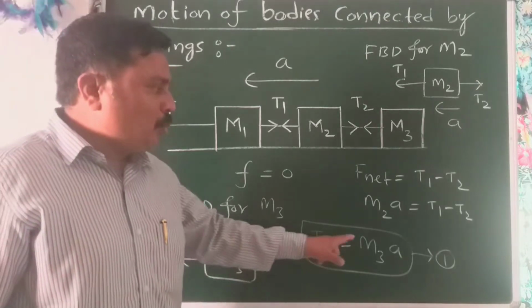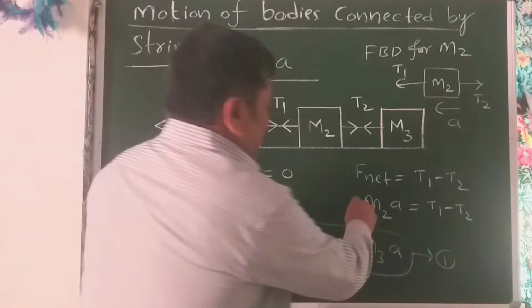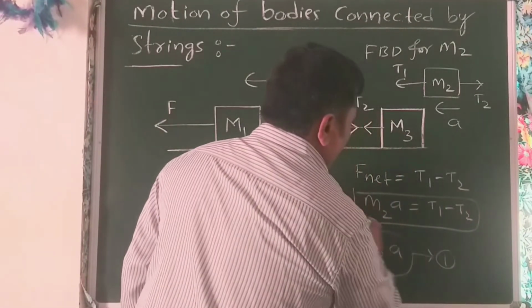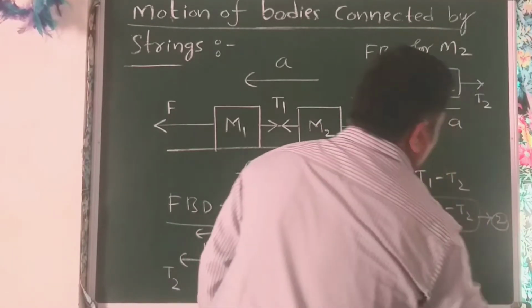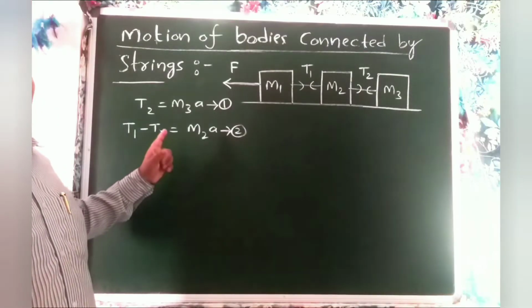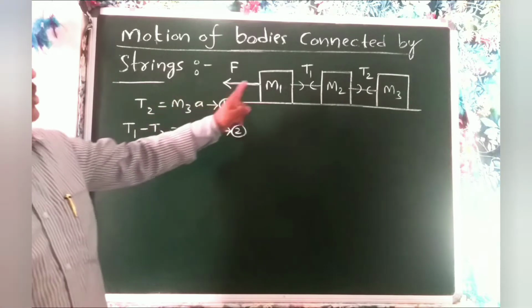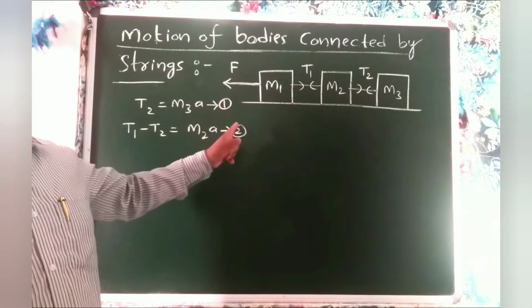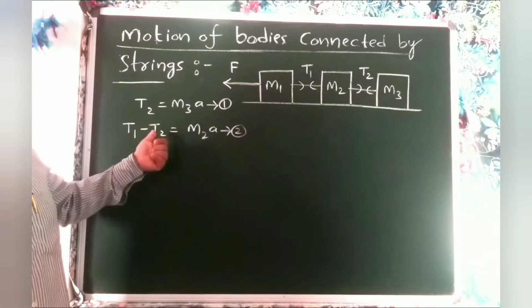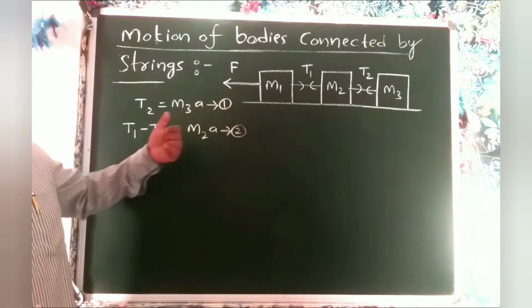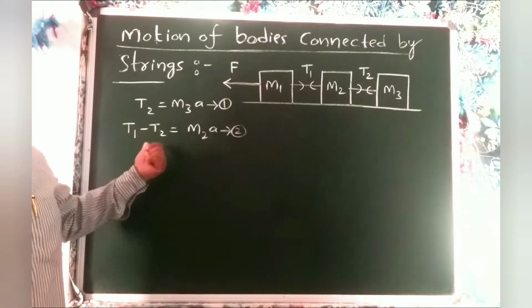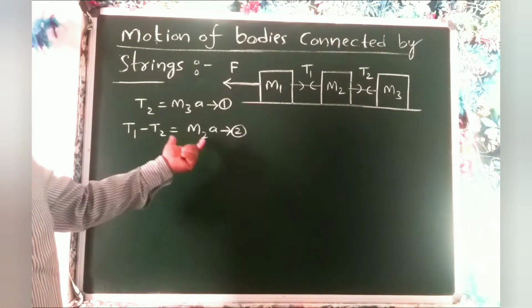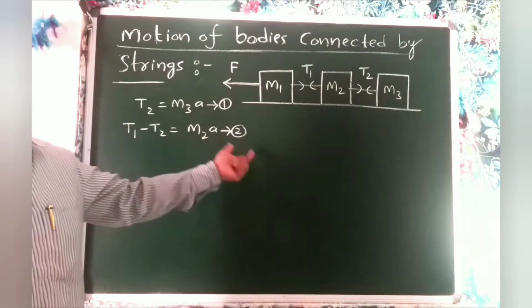Already we know tension T2, so we substitute its value. Already we got the tension in the string T2 is equal to M3A. This is equation 1. From the free body diagram for mass M2, we wrote T1 minus T2 is equal to M2A. This is equation 2.